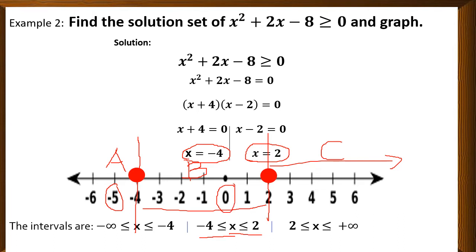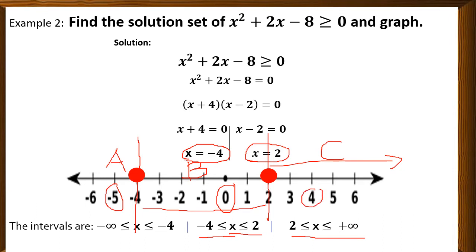You can choose any point actually. And for the third region, where x is less than or equal to positive infinity but greater than or equal to 2, we have to choose 4.